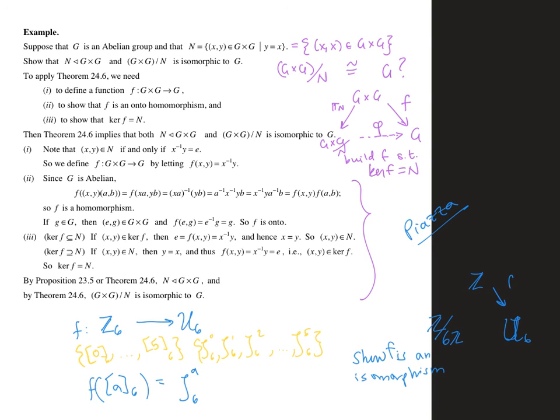So I want a function f over here. I want the kernel to be 6Z. I want pi sub 6Z to be the projection, or the quotient homomorphism, and then I want to prove everything I need to get this isomorphism phi that takes Z mod 6Z, or Z6, to the sixth roots of unity. So that's another approach to this problem instead of doing it directly.